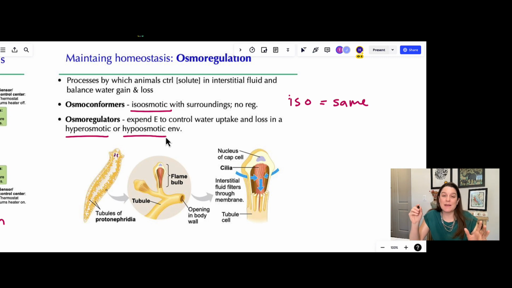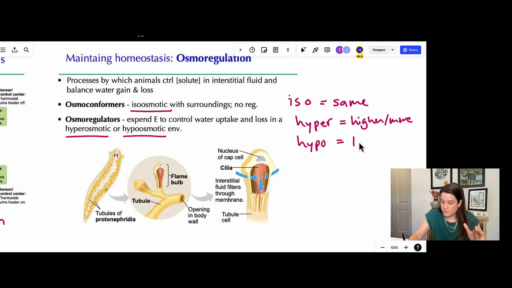So hyperosmotic, I should say. These are similar to hypertonic, hypotonic. Hyper means higher or more, and hypo, as you recall from Bio 1, means less or lower or under.